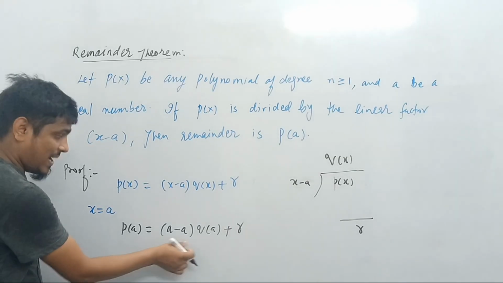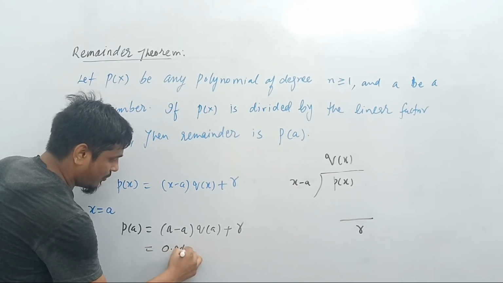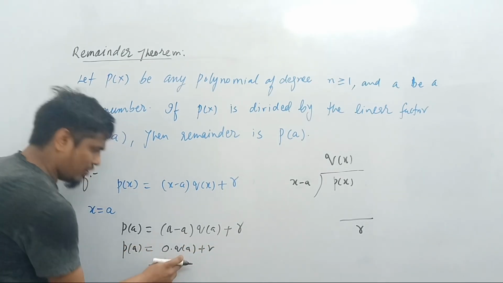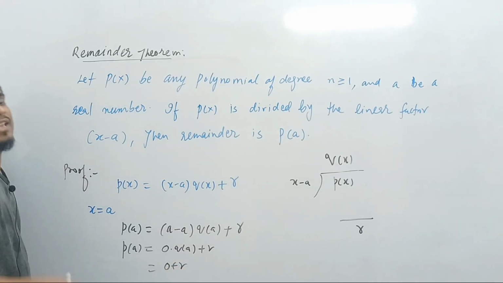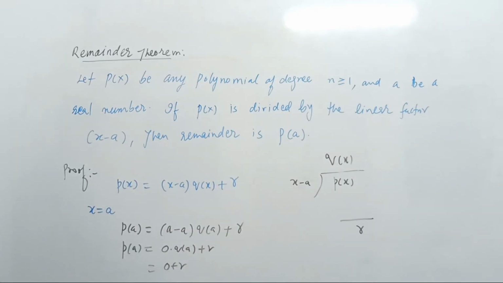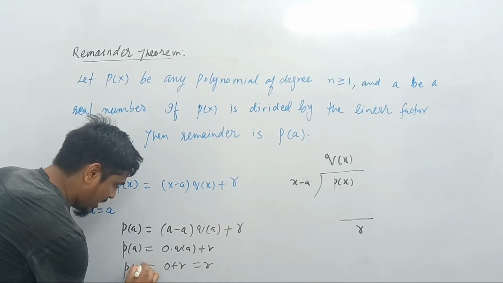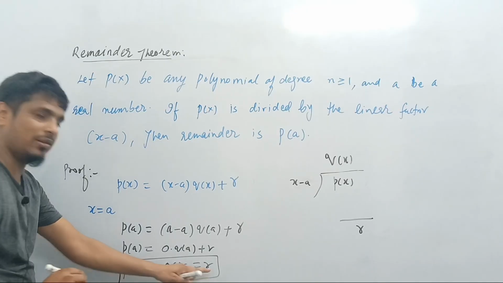So this a minus a is 0, times q(a), 0 times q(a) plus r is equal to p(a). So 0 times anything is 0, so this is basically 0 plus r, and 0 plus any number is again the same number, means this is equal to r. So p(a) is equal to r, the remainder.